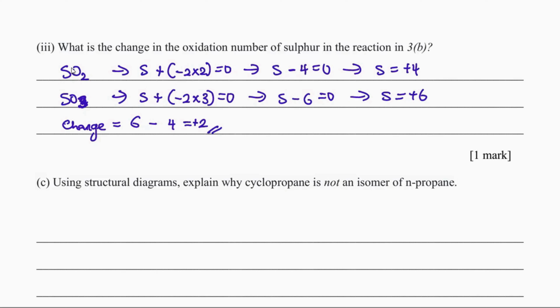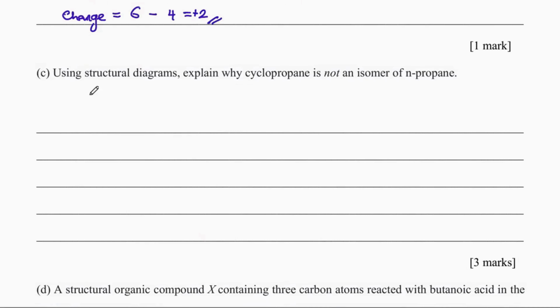Okay, now the next question says, using structural diagram, explain why cyclopropane is not an isomer of N-propane. So that means we'll have to draw. Now cyclopropane, we have C, we have another C, and we have another C in a triangular shape.